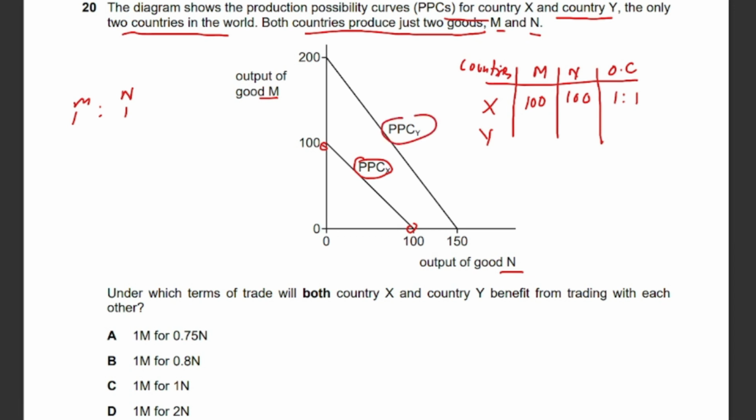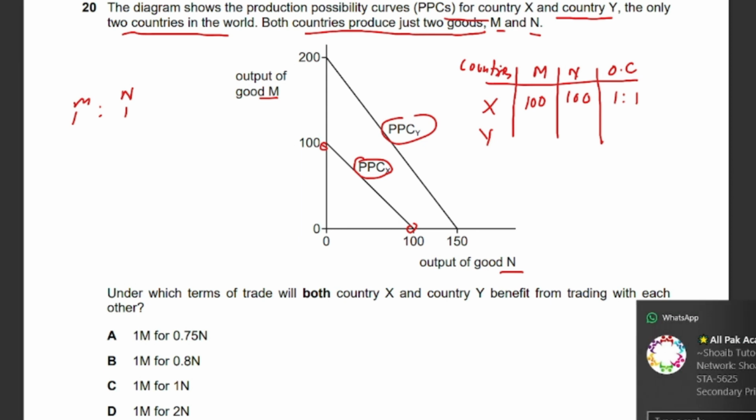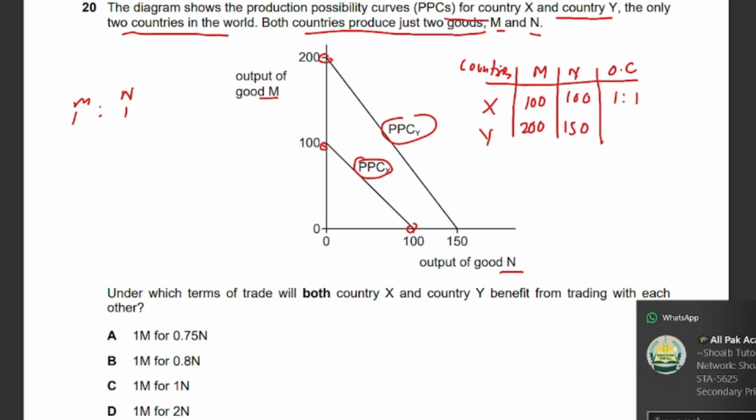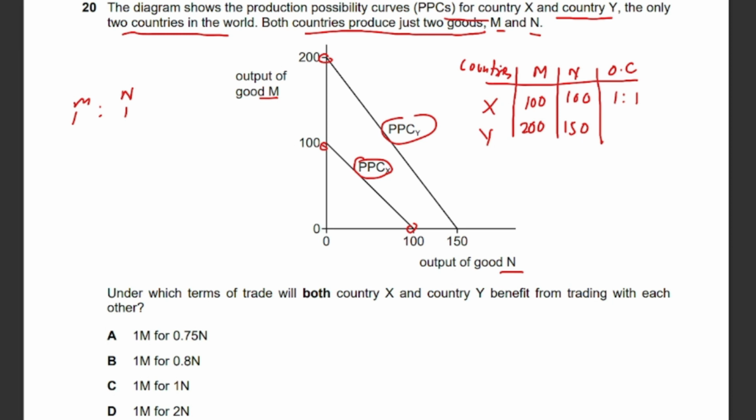So moving to the second country, that is country Y. Country Y can produce 200 units of M and 150 N, right? Now we can again find out the opportunity cost, and for finding it we will divide 200 by 200 to make it 1, right?